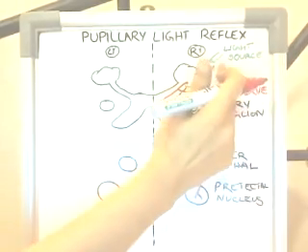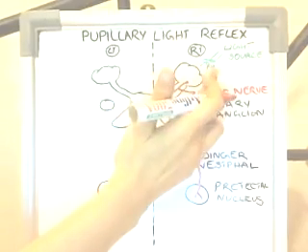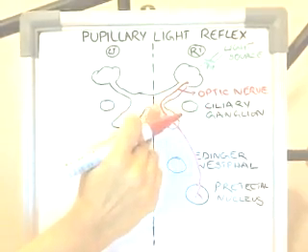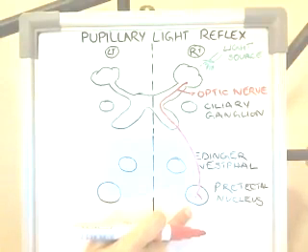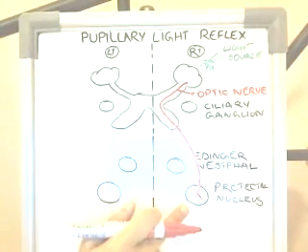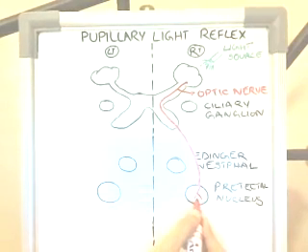So when the light source hits the right eye, the retinal ganglion cells respond to the light and convey the information through the right optic nerve, which connects to the pretectal nucleus, which is present in the upper midbrain. Now from the pretectal nucleus, the axons connect to the neurons in the right Edinger-Westphal nucleus.